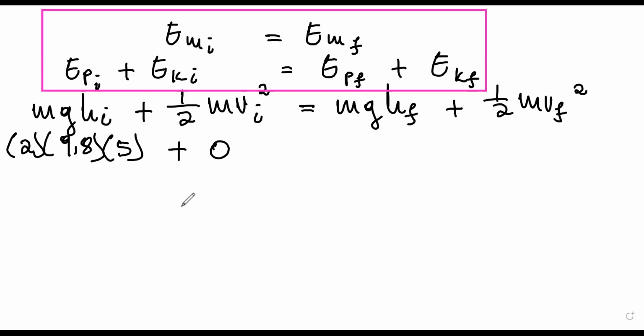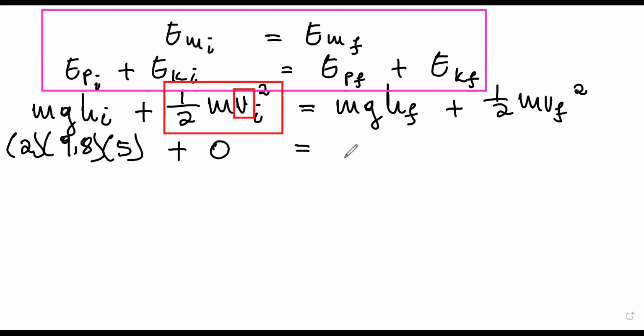But for the initial kinetic energy, we can just say 0. Why? Because it was released from rest, which means the initial velocity was 0. So if the initial velocity was 0, then the entire kinetic energy is just going to be 0.